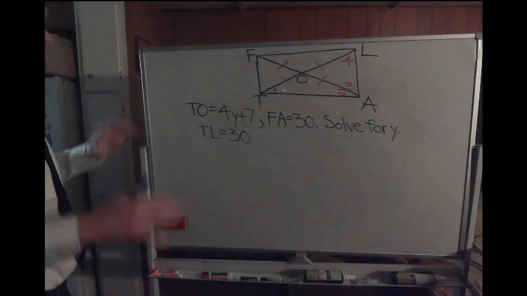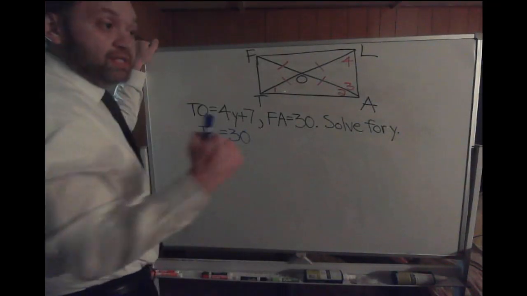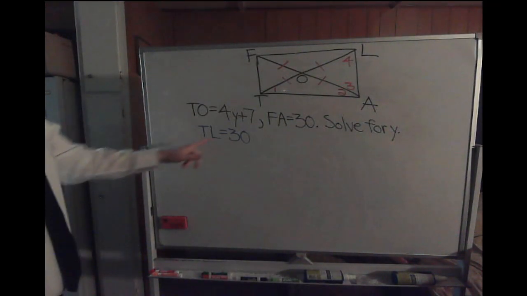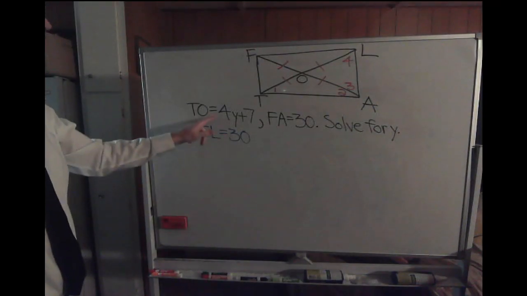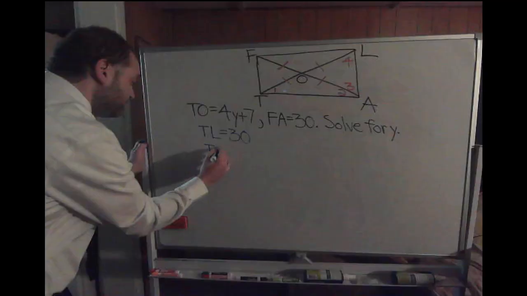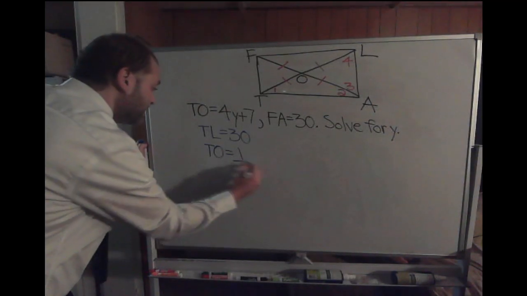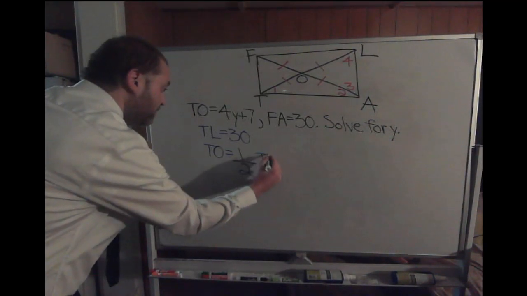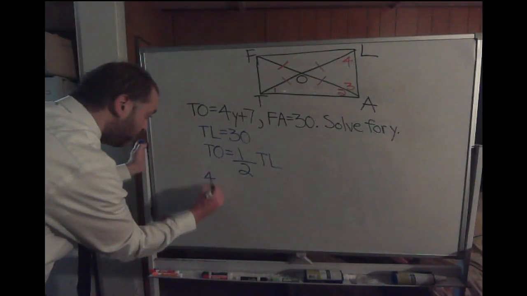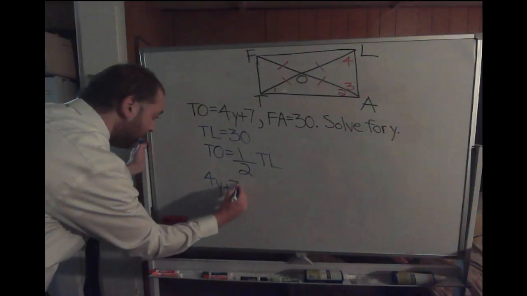Now, the diagonals of a parallelogram and definitely of a rectangle also bisect each other. So if TL equals 30, that means TO is equal to half of TL. And now TO is given to be 4y plus 7, right?